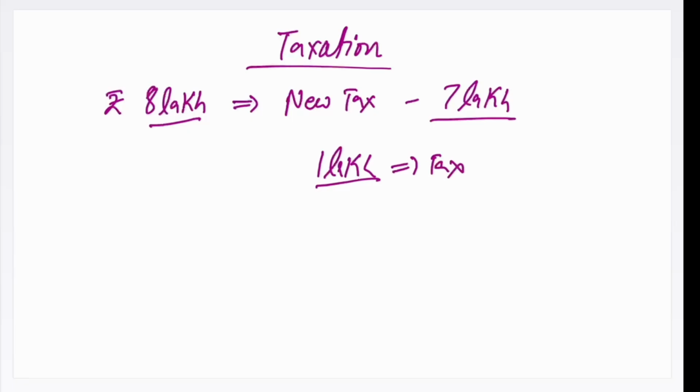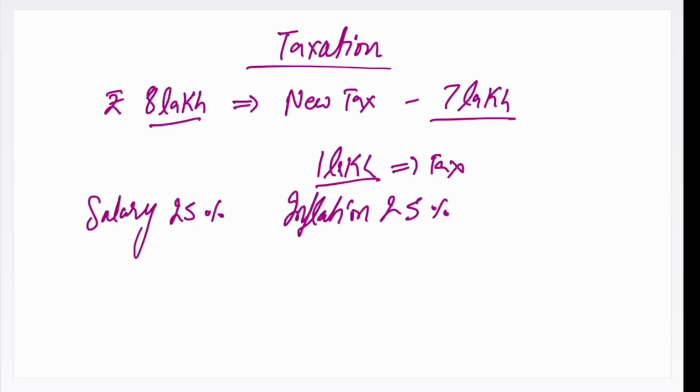Okay. Now what has happened? His salary has gone up by, say, 25% because inflation has gone up by 25%. So salary has also been increased because there is high inflation. So the government says, okay, we'll increase your salary. Now he is drawing a salary of 10 lakh rupees.